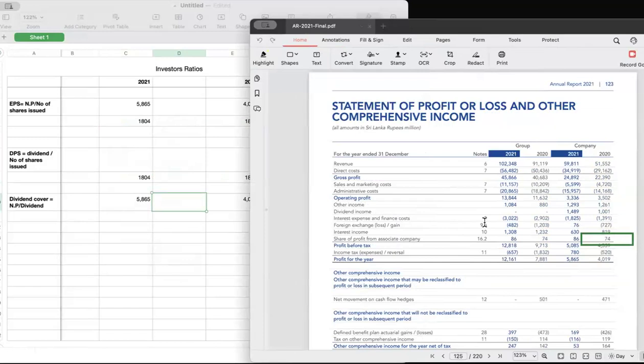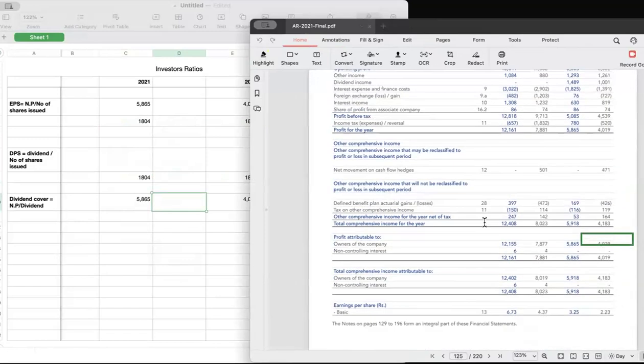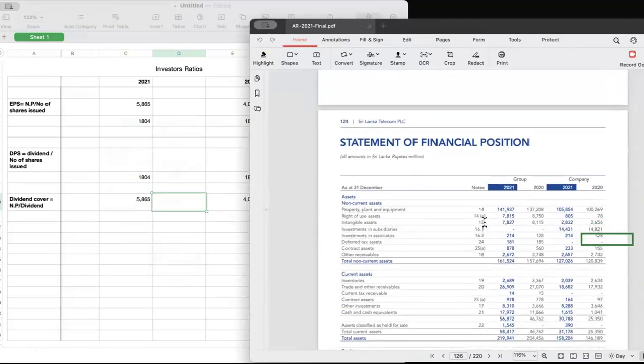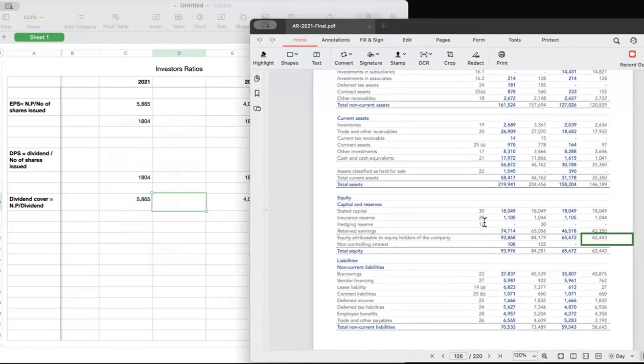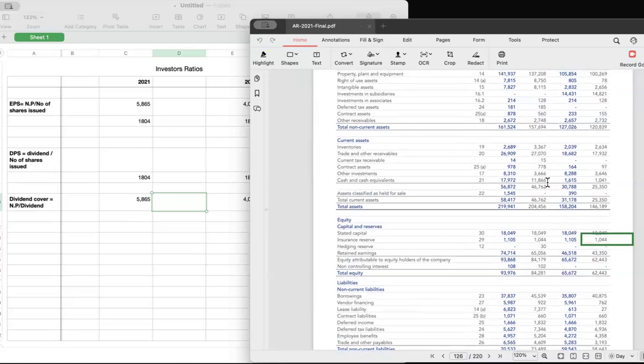It's in here, as you can see. Dividend is the amount or the return that the shareholders get from their investment. So that is what we are going to find out now.